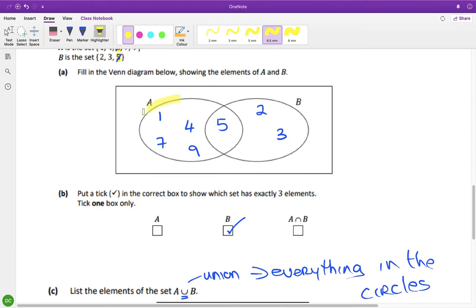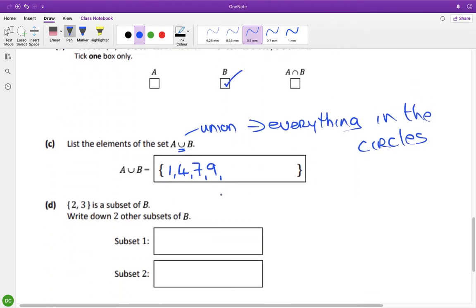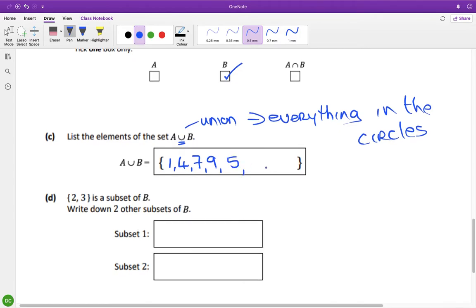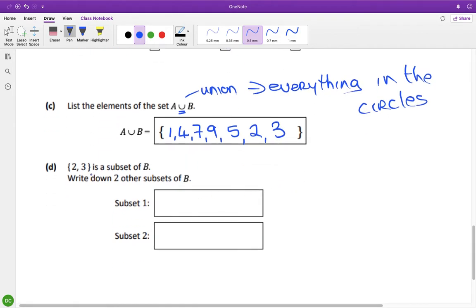So when we do the union, we'd be talking about this. Okay, so list it. So I have 1, 4, 7, 9 on the left there. The middle I have 5, and then over on the right I have 2 and 3. Now it says 2, 3 is a subset of B.